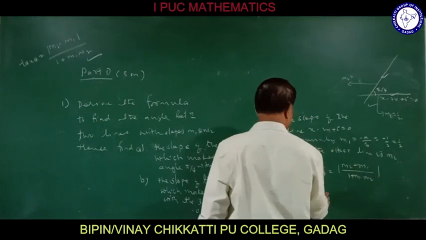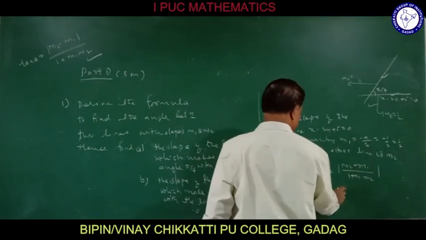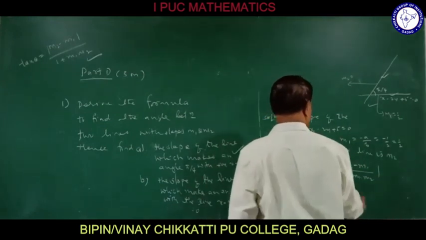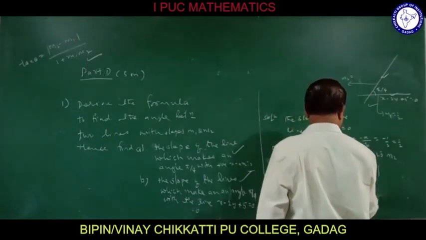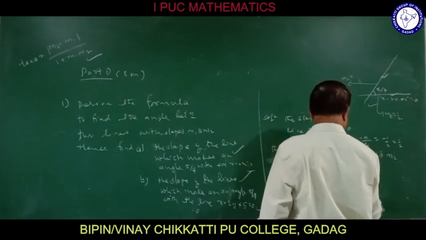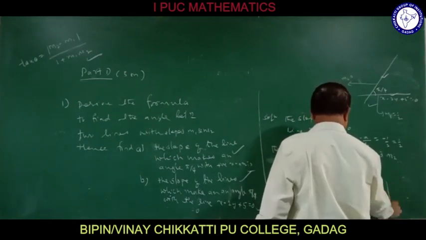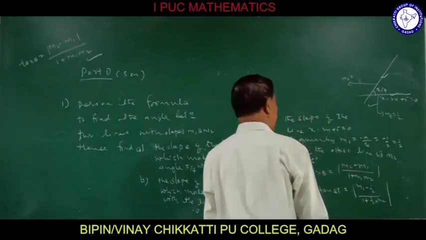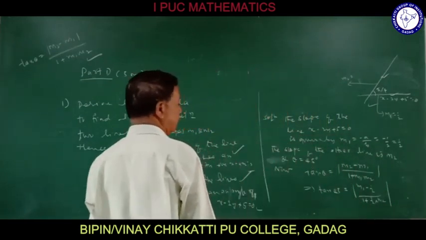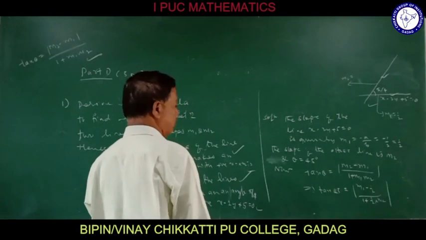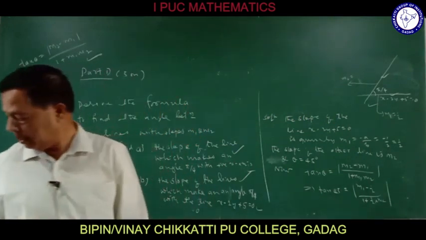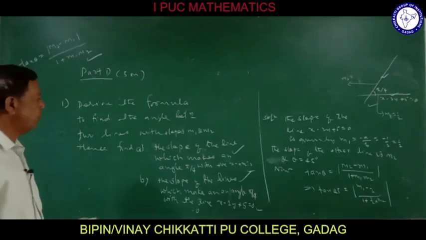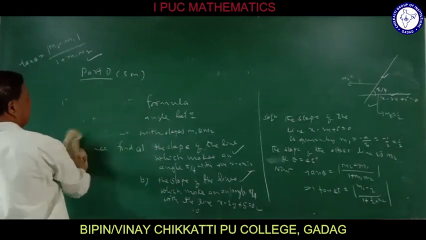So tan 45 is equal to m2 minus 1 upon 2 divided by 1 plus 1 upon 2 into m2. So m2 is to be calculated by simplification.